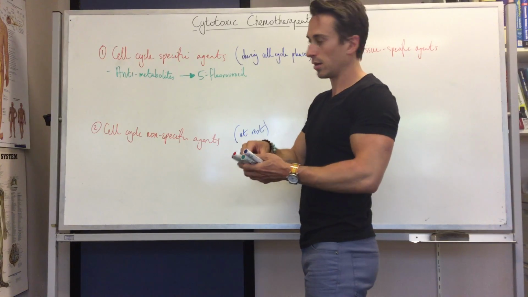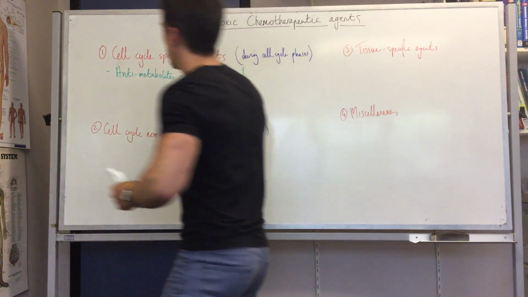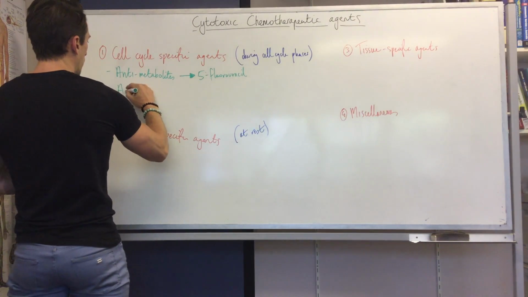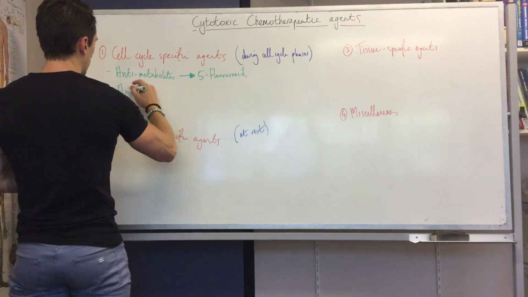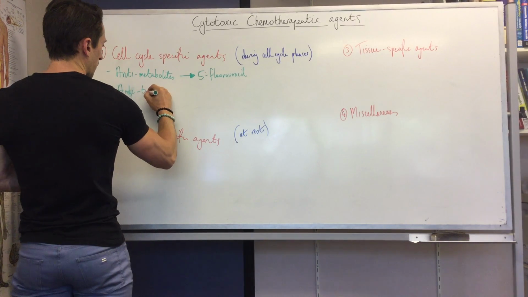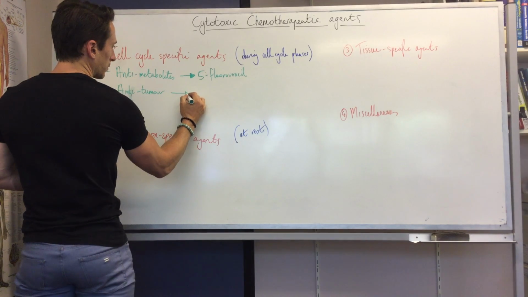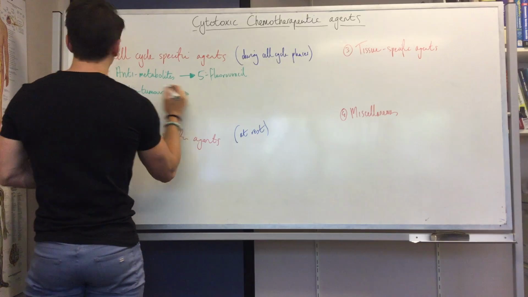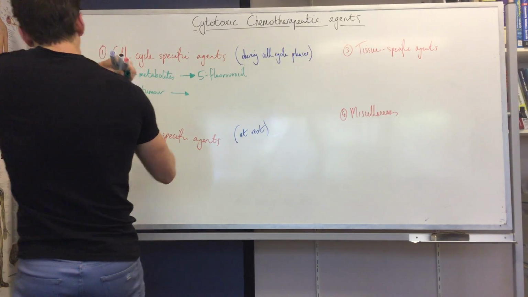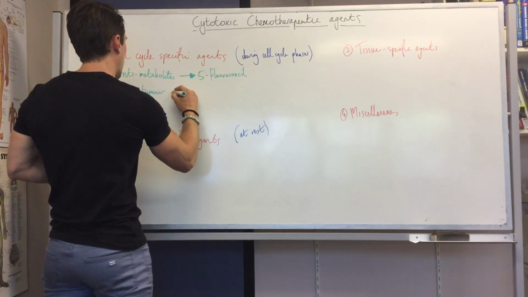So, what's another cell cycle specific agent? We have anti-tumor agents. So these anti-tumor agents are actually anti-tumor antibiotics.